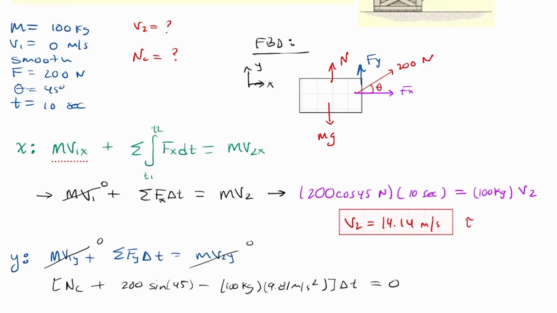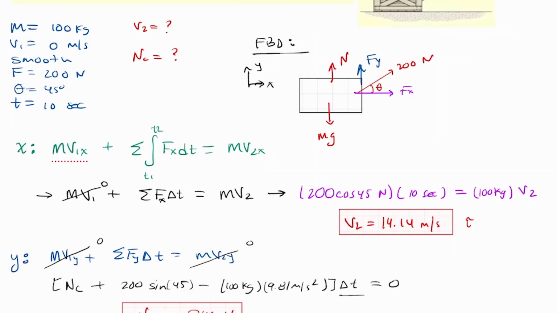Because everything is multiplied by 10, we can divide, so that also goes away. If you just move things around, the normal force equals 840 newtons.